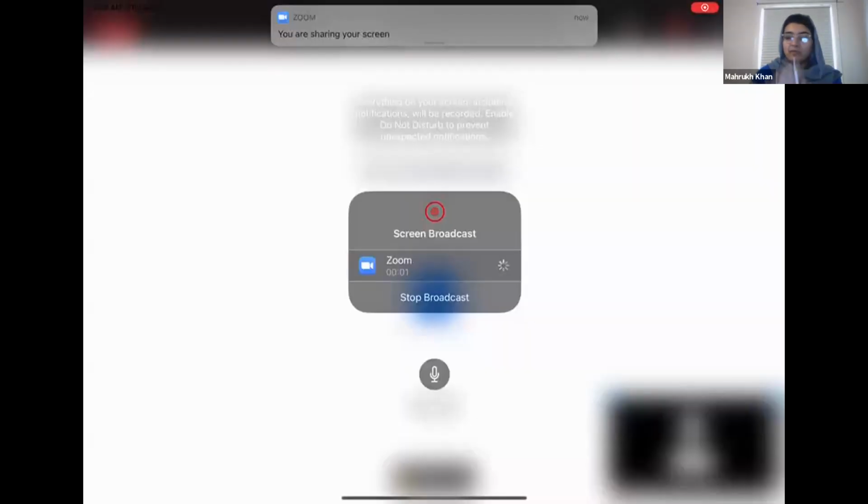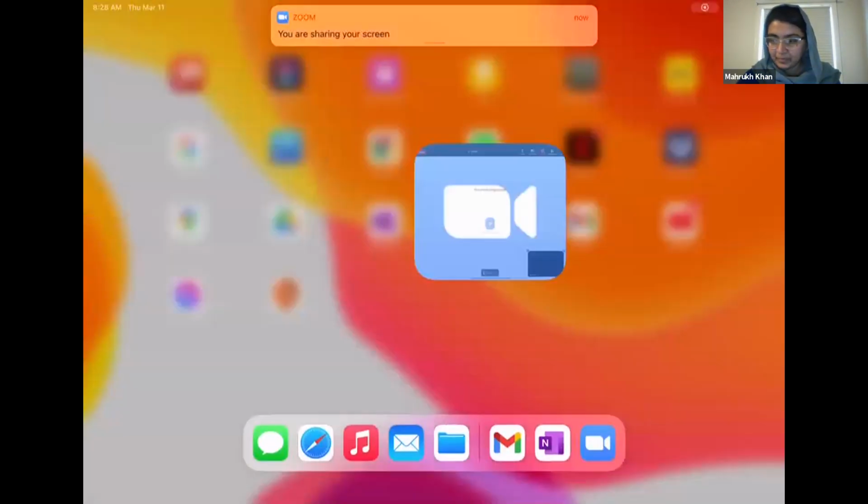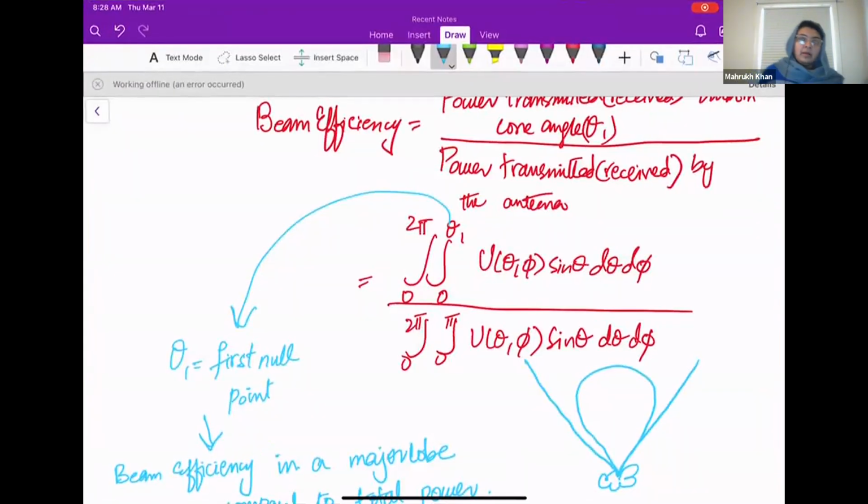So that's why you want to have a very large beam efficiency. Sometimes we need them to have a 90% beam efficiency, which means that most of the power is contained in that lobe, because we want power to be transmitted so far away that we want beam efficiency to be very high for certain applications.